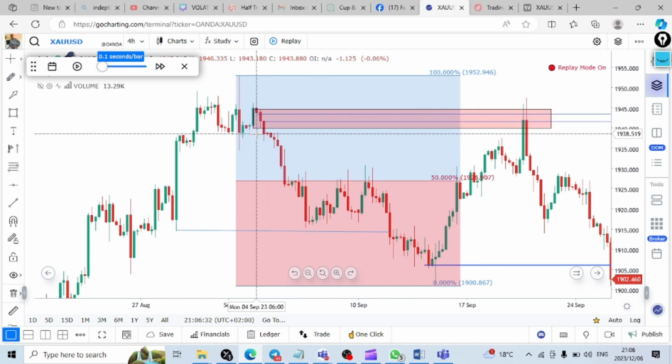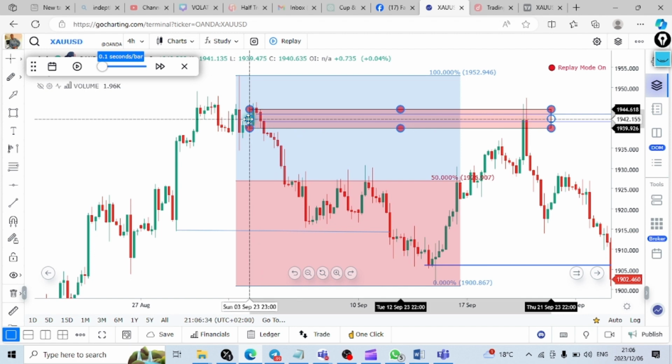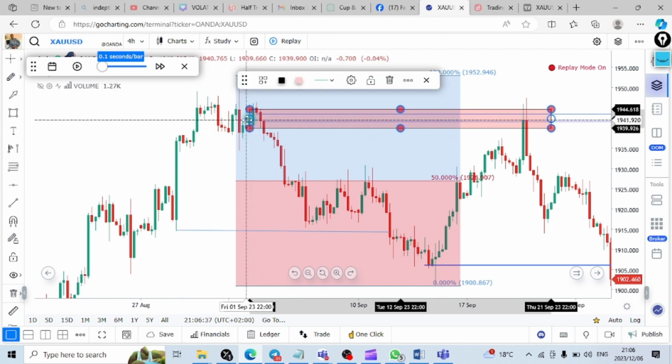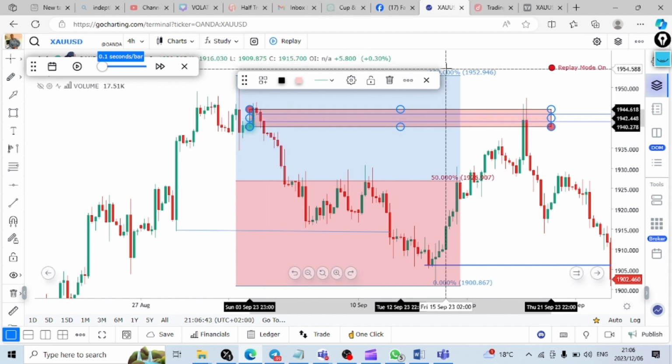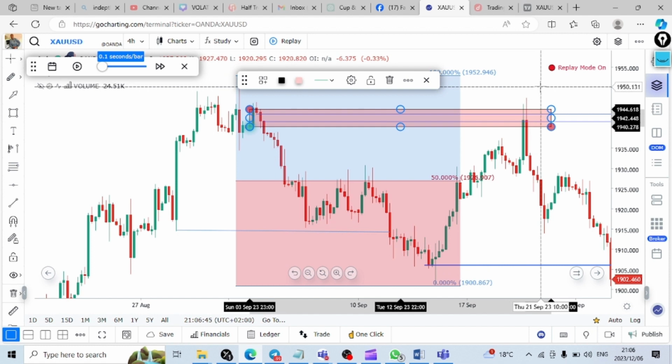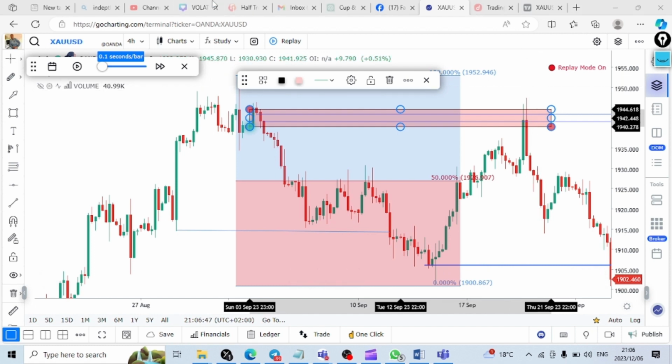I said we must have at least 2 to 3 times the size of the order block that you have marked. It can be a combination of candles or one candle, it differs, but it must be 2 to 3 times the size of the candle that you've marked. If you can pick all these 4 things, it can validate an order block.